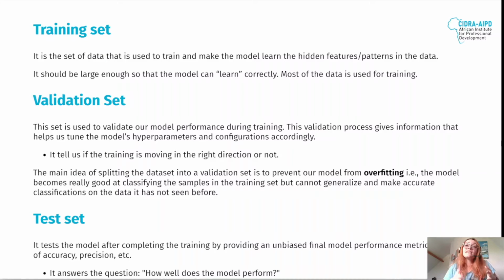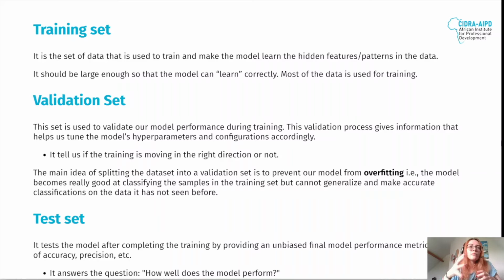And the last set that we have is the test set. Once you finish the training, you check the performance of your model by using metrics like accuracy and precision. You have all that, you're happy with that. The validation also tells you, hey, your model is good, it's going in the right direction.